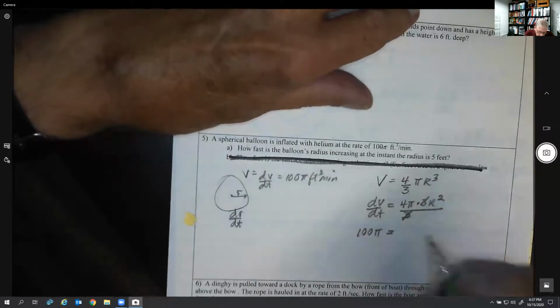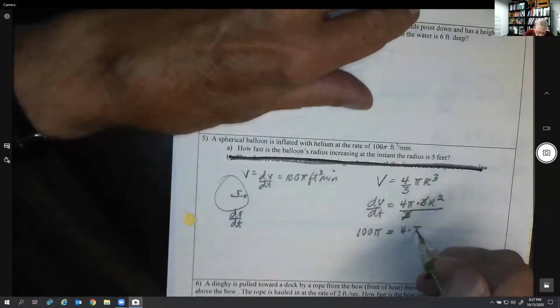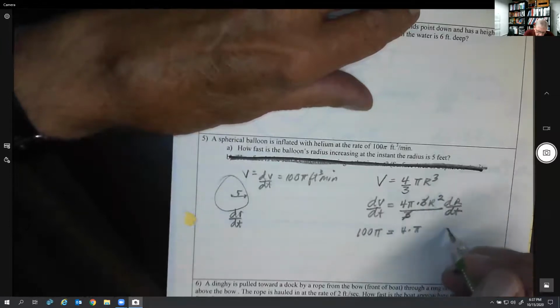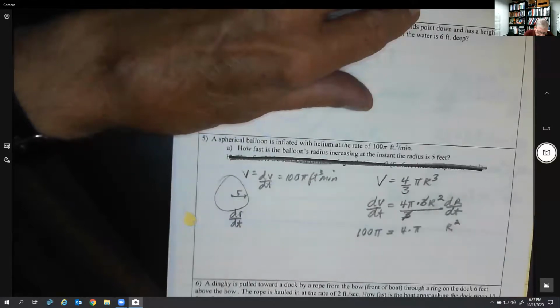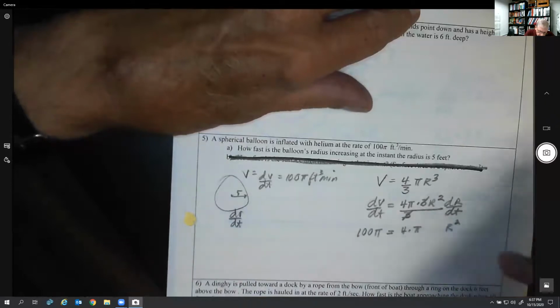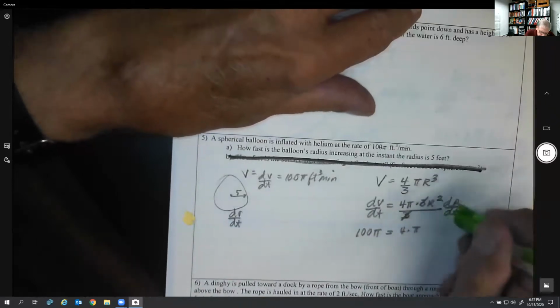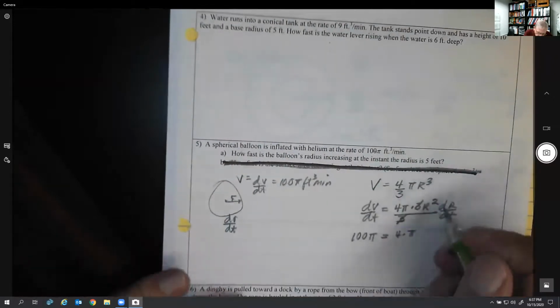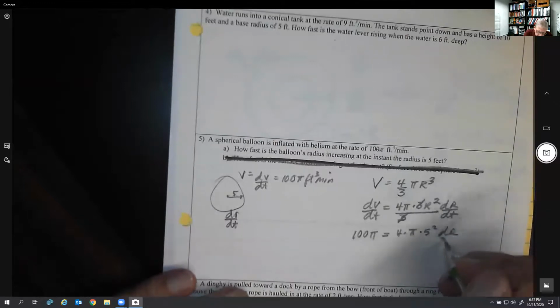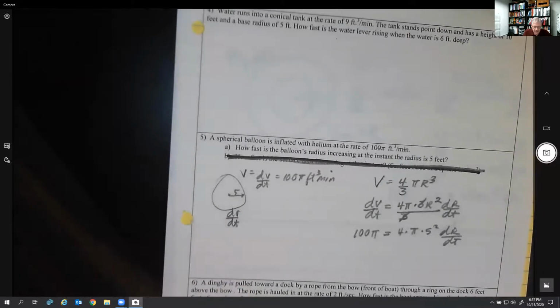And we know 4, we know pi, and when I did this, I should have put dr over dt, huh? We don't know the radius squared, do we? Oh no, we do know the radius. Excuse me. The radius is 5. So that's 5 squared. And we don't know dr over dt. That's what we're trying to find, the rate at which this is increasing.